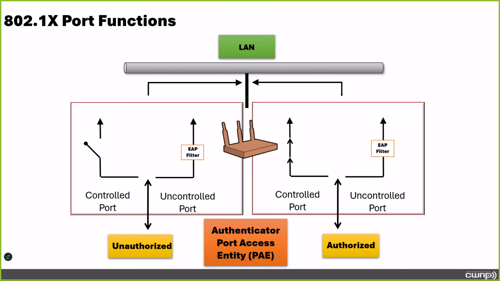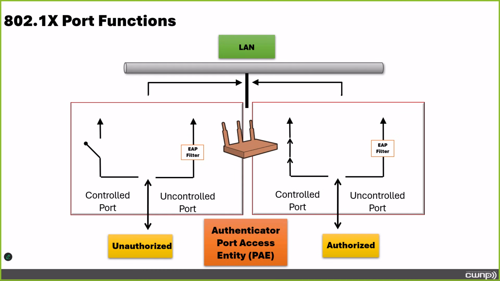And the concept is that you have two virtual ports in here, a controlled port and an uncontrolled port. Now, this can get a bit confusing because the terms controlled and uncontrolled, I mean, you can take them in a lot of ways, right? So an uncontrolled port, you might think, oh, well, that lets anything through. And a controlled port, well, that only lets certain things through. Well, actually, the uncontrolled port is allowed for communications immediately. That's how it's uncontrolled.